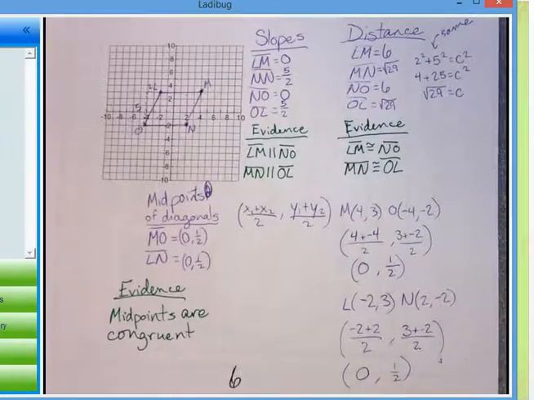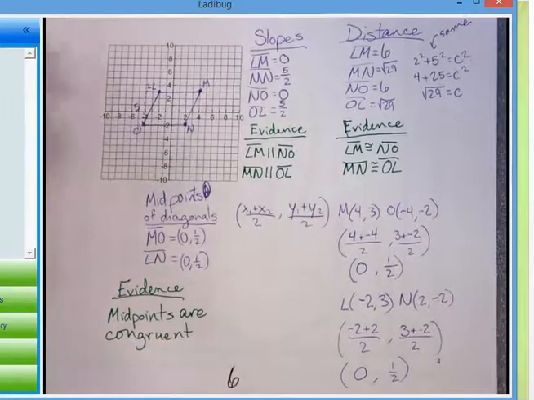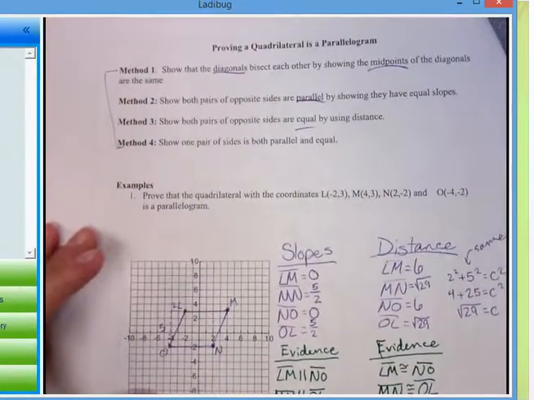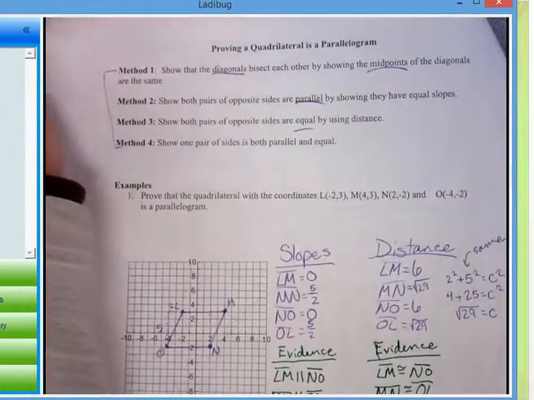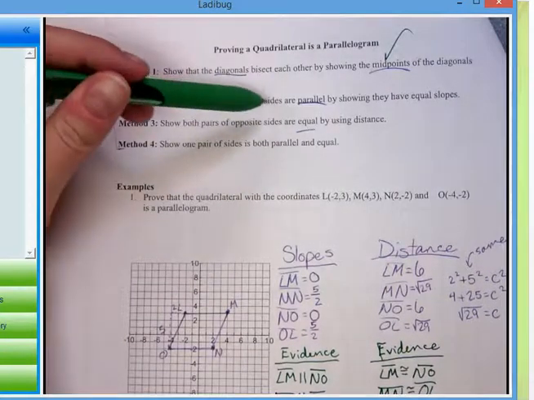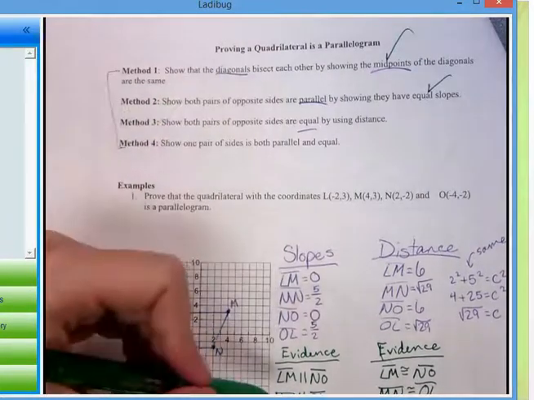Easy peasy. So we need to go back up and make sure that we proved that this is a parallelogram using all of these methods. So that the diagonals bisect each other by showing that the midpoints are the same. Alright? Check. Midpoints are the same. So show that both pairs of opposite sides are parallel by showing they have equal slopes. Great. We showed that.